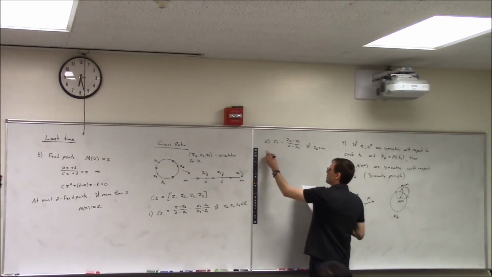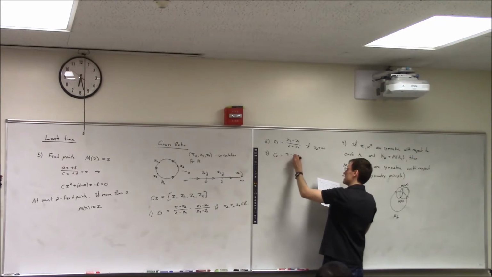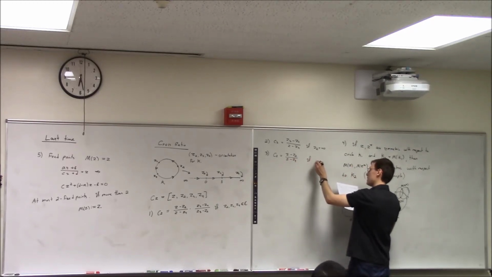And the third formula is C of Z is Z minus Z2 over Z minus Z4, and that's if Z3 is infinity.